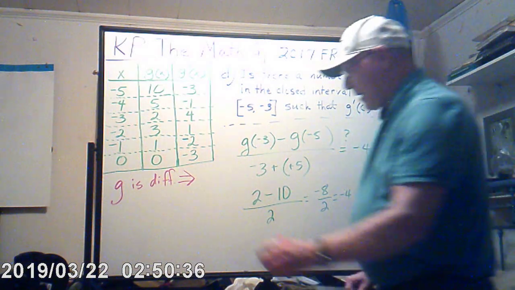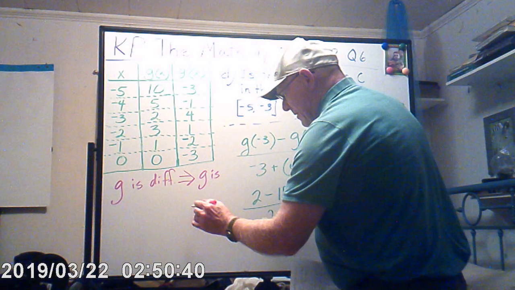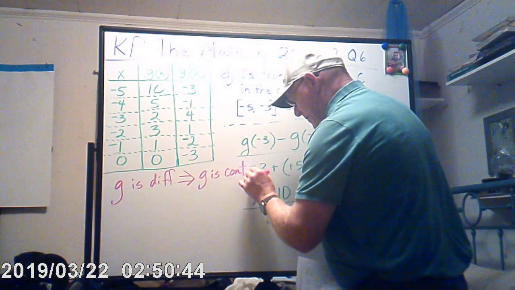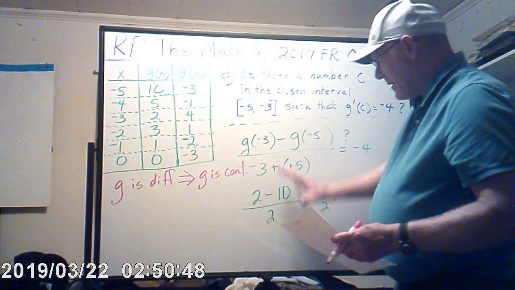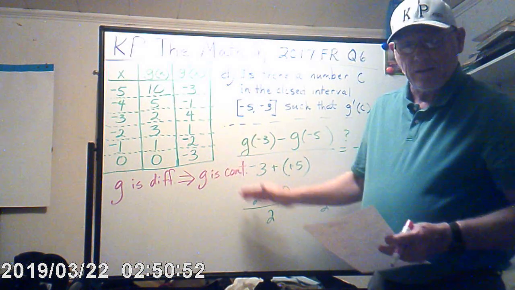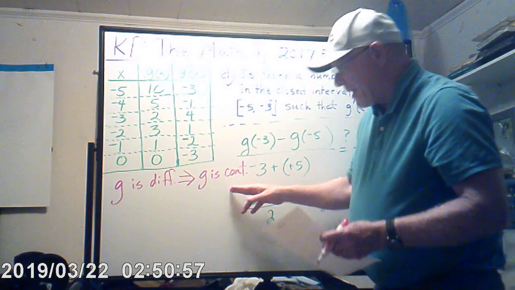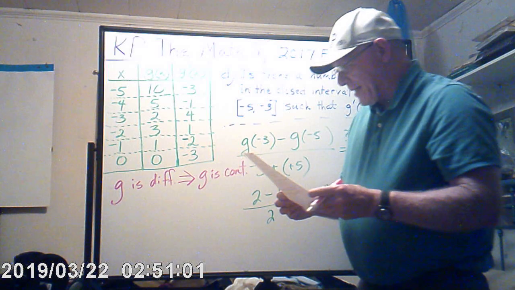That g is continuous. That's right. I'm just going to abbreviate that. And first of all, for this to work, you must have something that is differentiable, or at least continuous. And so, yes.